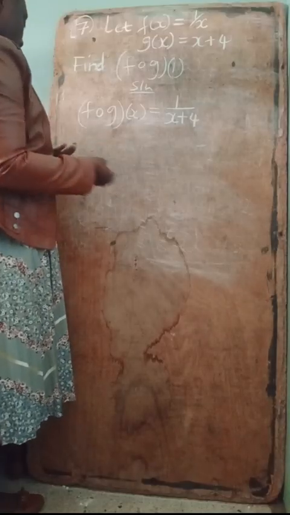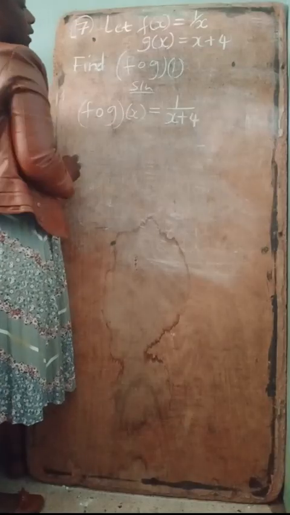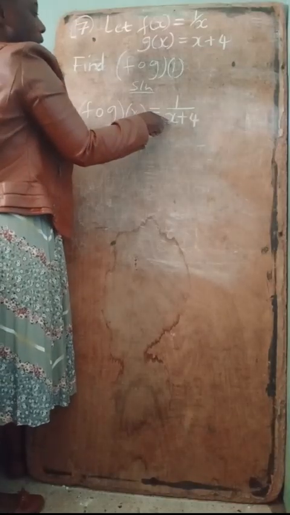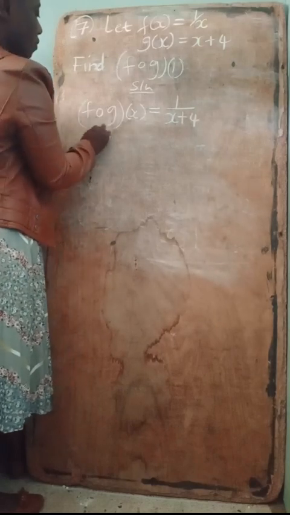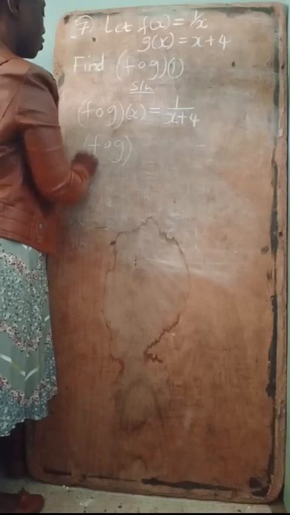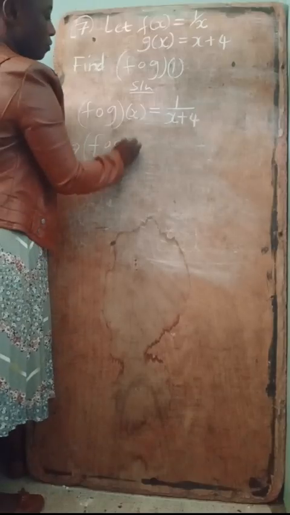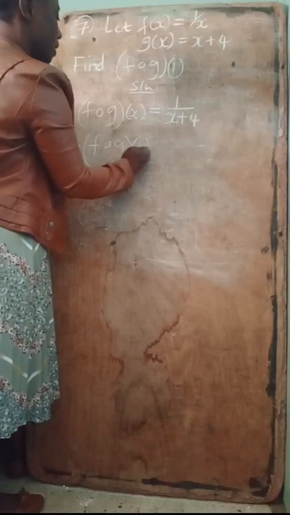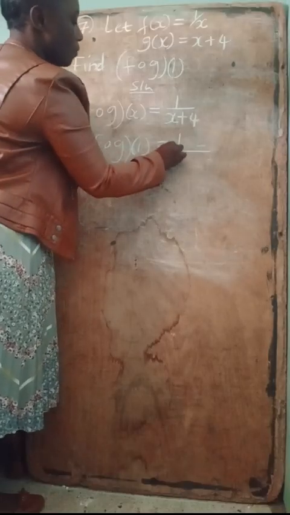After making a composite function here, we should now start replacing. Where there is an x, now we put a 1. So therefore f of g of 1 is equal to 1 over 1 plus 4.